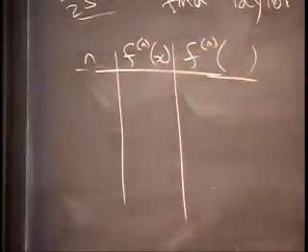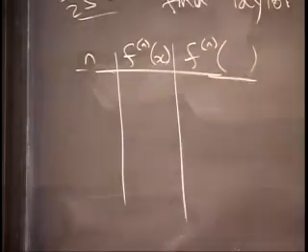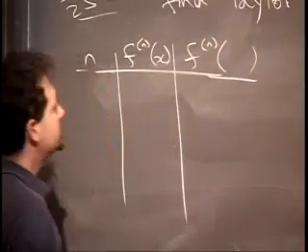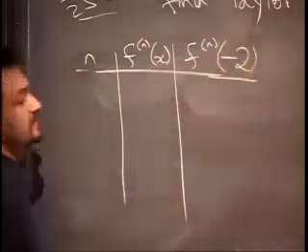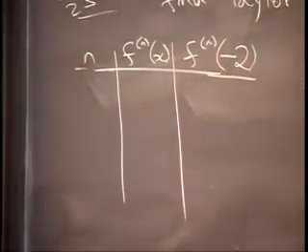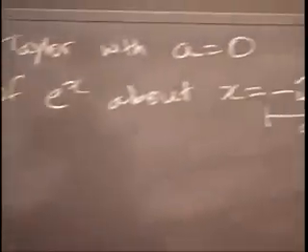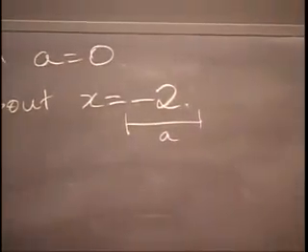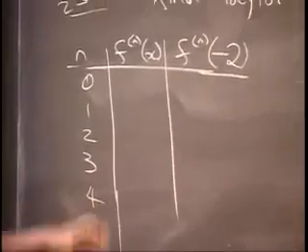Now what is our special value? Minus 2. This is a. So instead of writing in a, I will immediately specialize to minus 2. And then it's not quite clear how far down you have to go. I always think you should leave more space just in case you have to add more rows to this table.